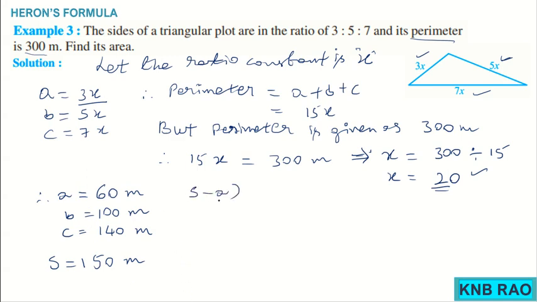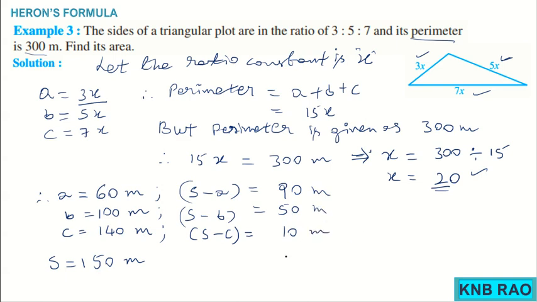And now we can calculate what is s minus a, what is s minus b, and what is s minus c. So s minus a, 150 minus 60 is 90, 150 minus 100 is 50, 150 minus 140 is 10. So s minus a, s minus b, s minus c we calculated.